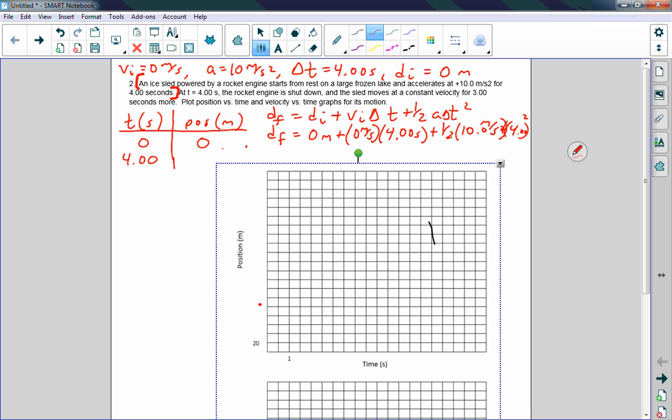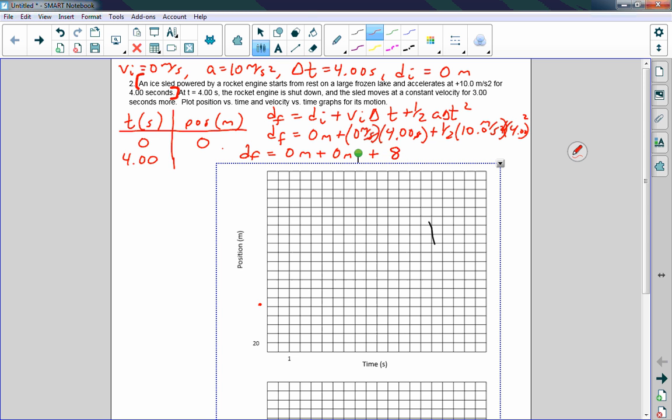So when I do the math, I'm going to have 0 meters plus, seconds cancel here, 0 meters again, plus 1/2 times 10, that's 5, times 4 squared, 16.